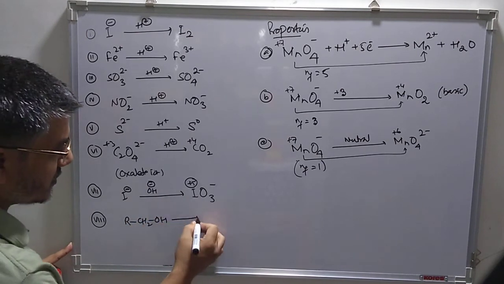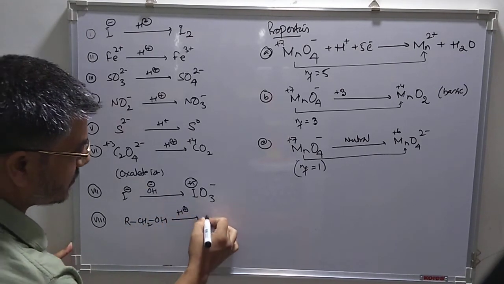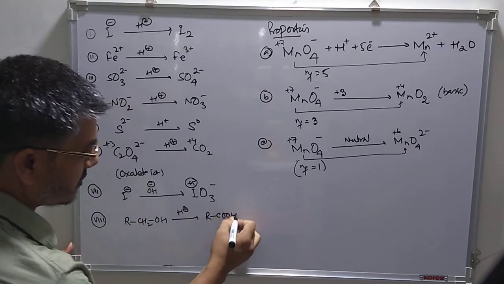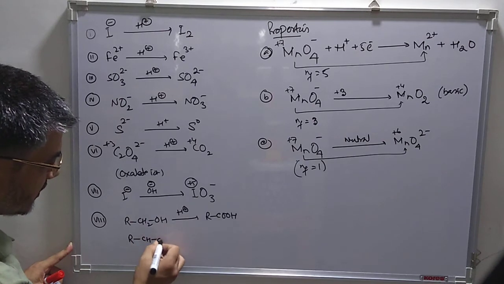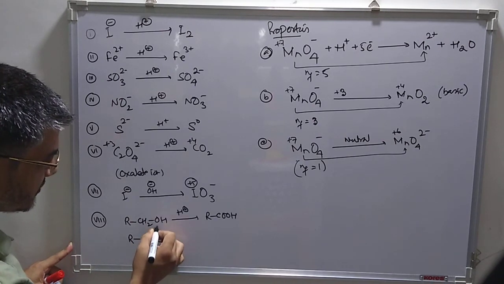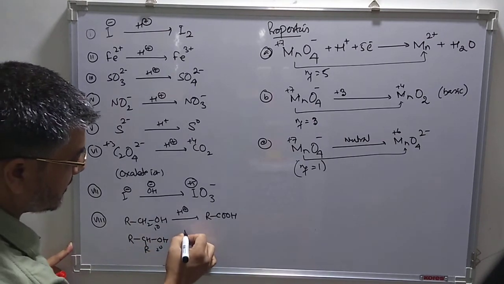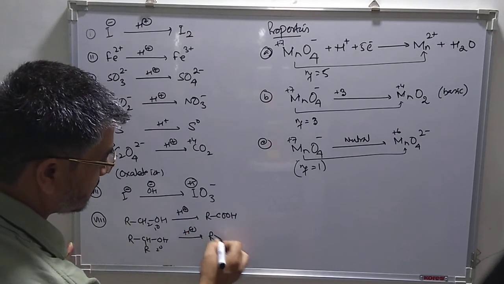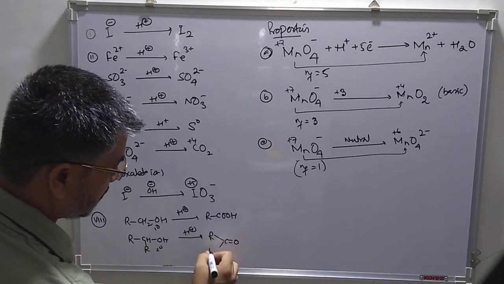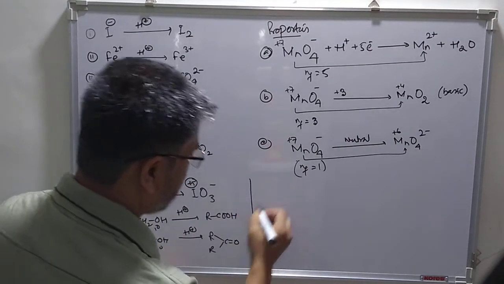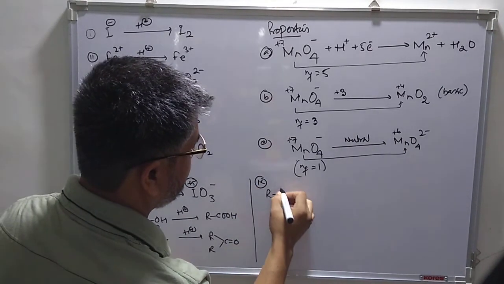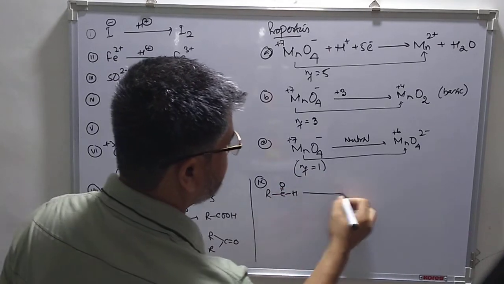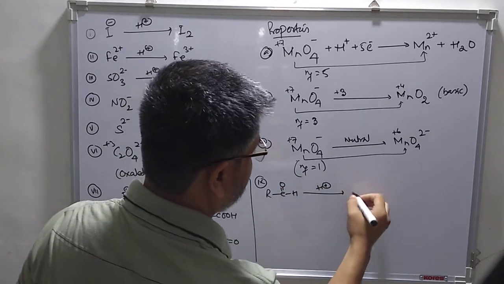Primary alcohol is oxidized to acid. Secondary alcohol is oxidized to ketone. Aldehydes are oxidized to acids.